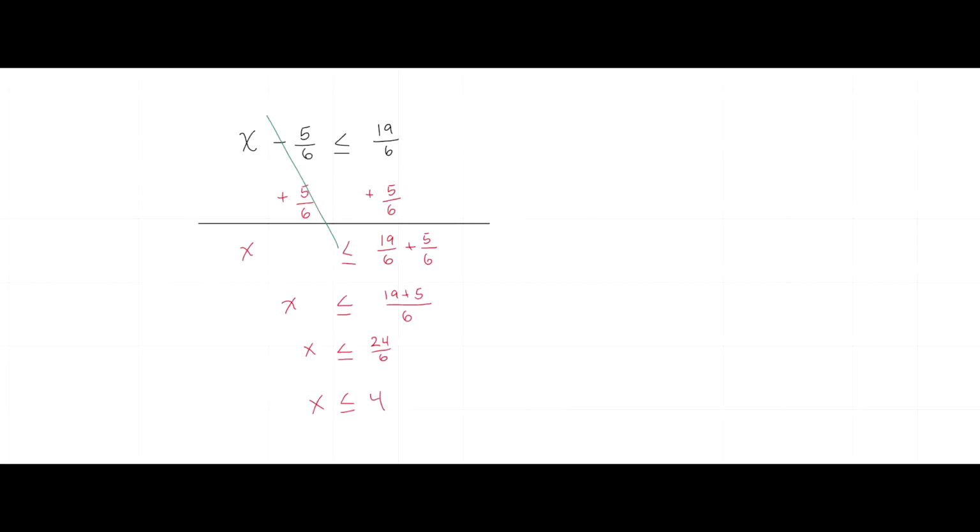You're going to have your number line over here, and the number 4 is over here. Since this is less than or equal, every time that you have this symbol or this symbol, it is going to be closed.